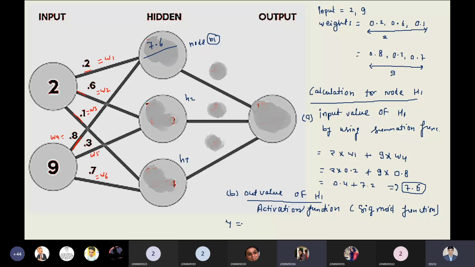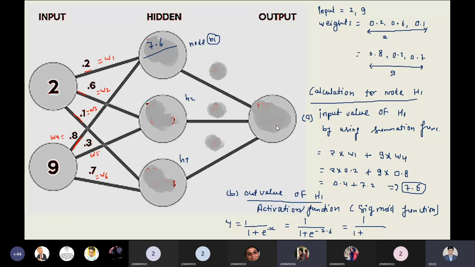Y equal to 1 upon 1 plus e to the power minus x, and here I can write 1 upon 1 plus e to the power minus 7.6. What is the value of e, if you remember?